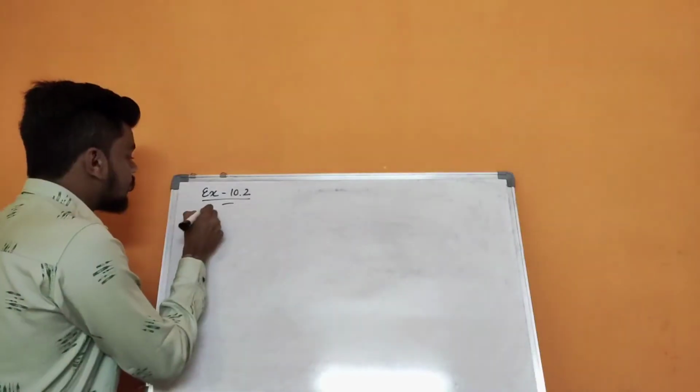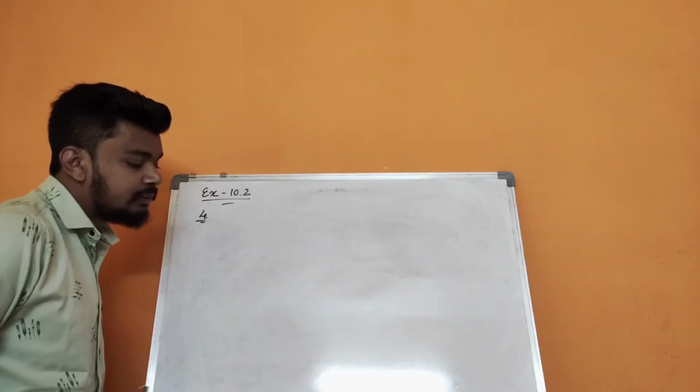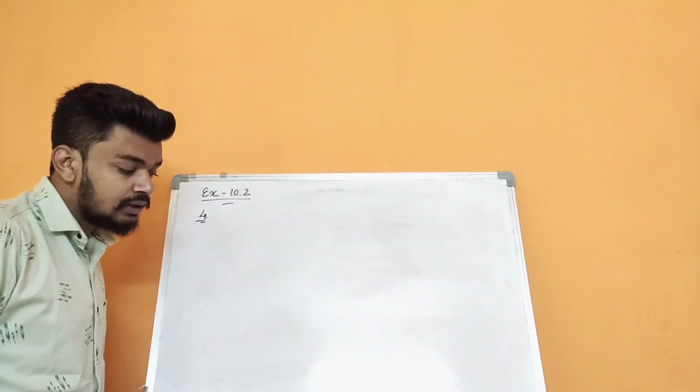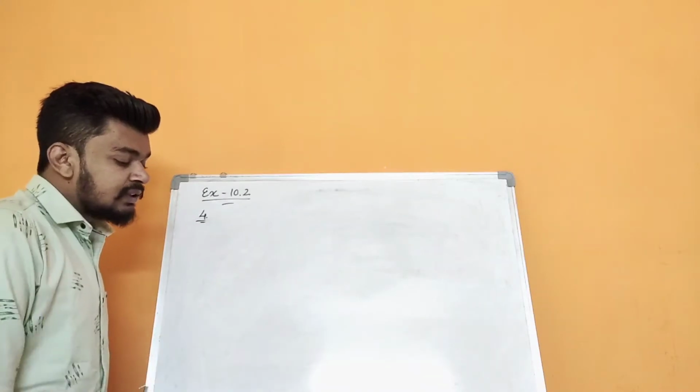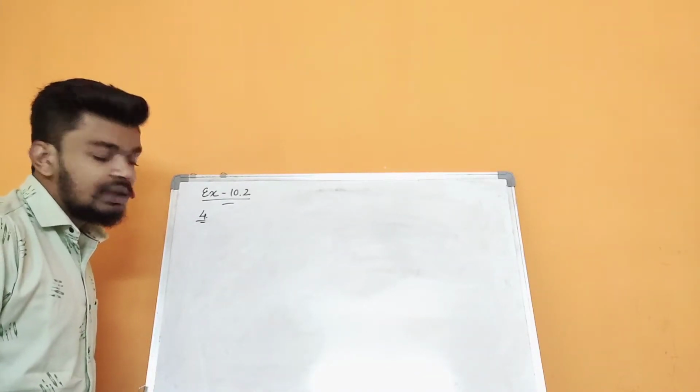So question 4 is given like this: the capacity of the barrel is 6840 ml. Express the capacity of the barrel in liter and milliliter.